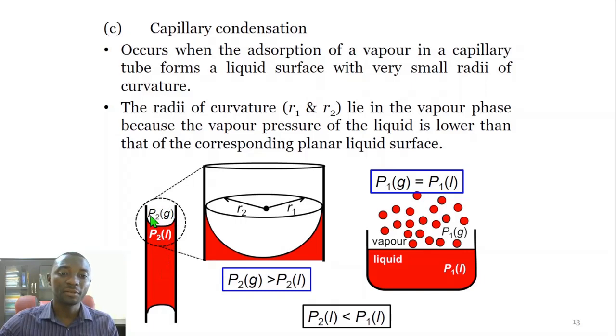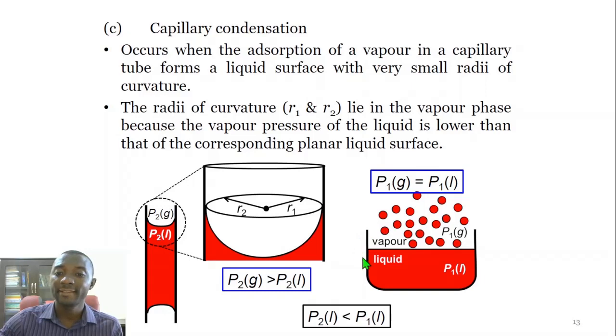This is the pressure of the vapor above the liquid in the tube, and this is the pressure of the liquid in the tube. This is an expanded version of this. R sub 2 and R sub 1 represent the radii of curvature, which lie in the vapor phase because the vapor pressure is greater than the pressure of the liquid.